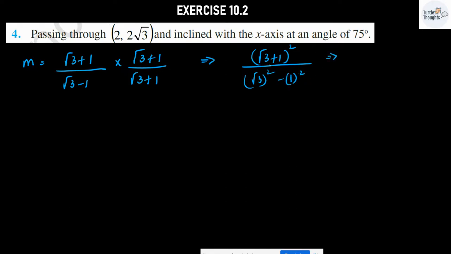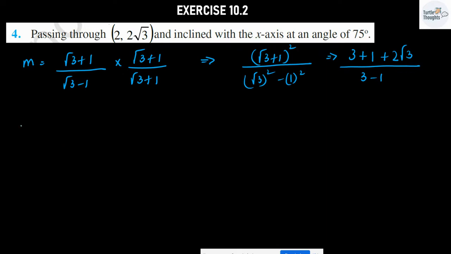Is that correct? So this is a plus b whole square. A square is root 3 square, which is 3, plus b square, which is 1 square, that is 1, plus 2ab. So 2 into 1 into root 3 is 2 root 3, divided by root 3 whole square, which is 3, minus 1 square, which is minus 1 itself.